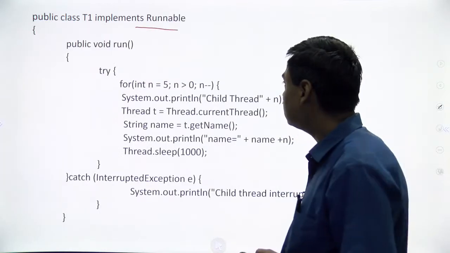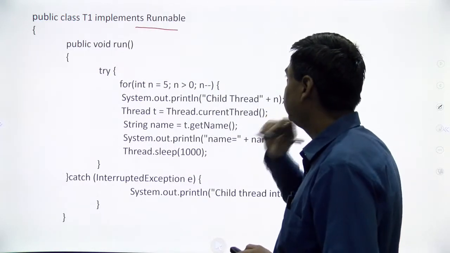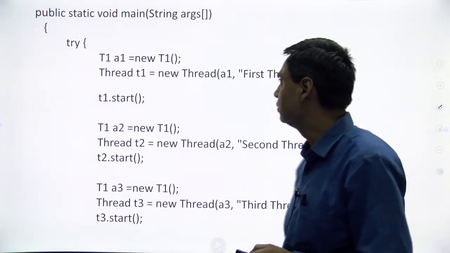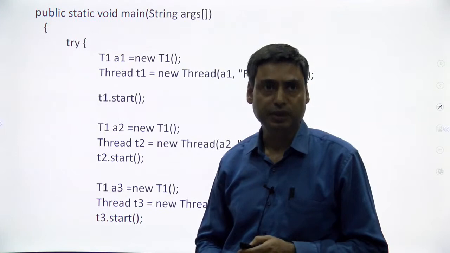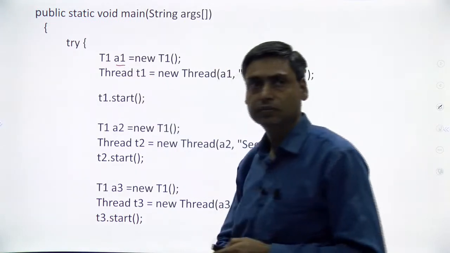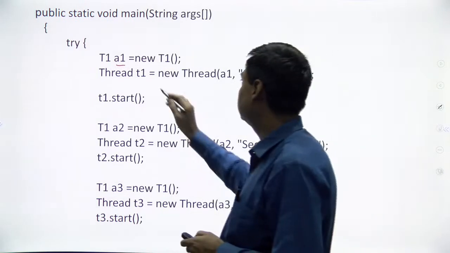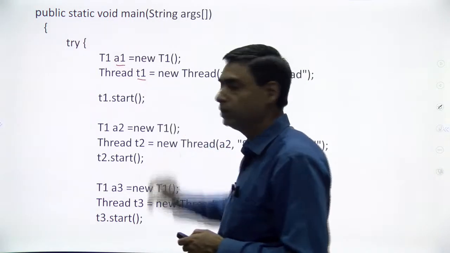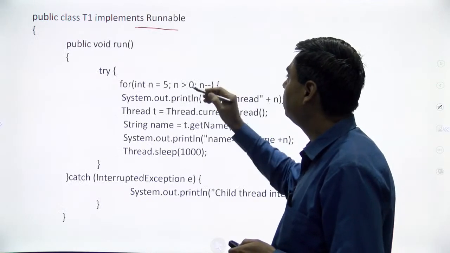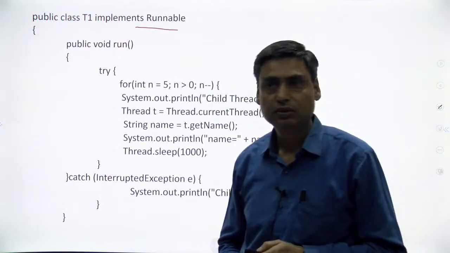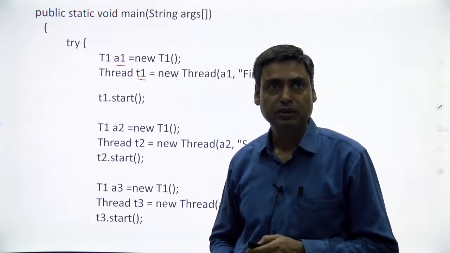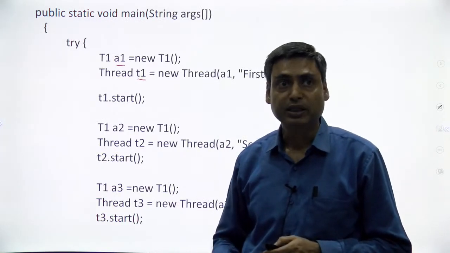Okay. Now we have a T1 implements Runnable. To create the three threads, we need to create three objects. The first object is A1. Next, we create the object T1 of type Thread. I already told you that when we implement the Runnable interface, we need to wrap the object in the Thread class.